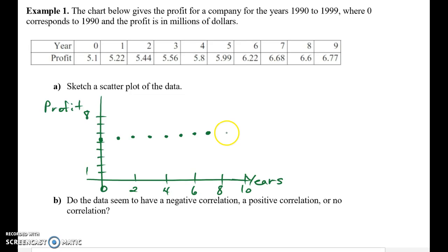Very, very closely being possibly linear in nature. So that's the idea as far as a representation of the data using a scatter plot.